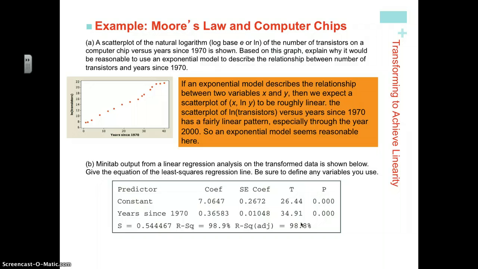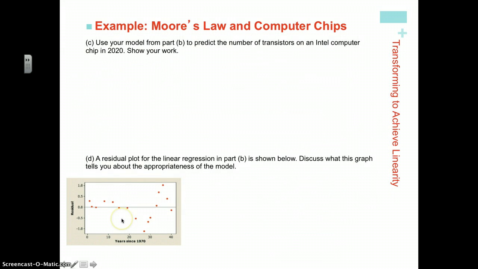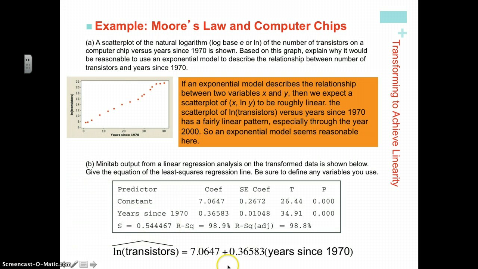Give the equation of the least squares regression line. Be sure to define any variables you use. So you can see from this that the only thing you're taking a logarithm of is your y, or your response variable.